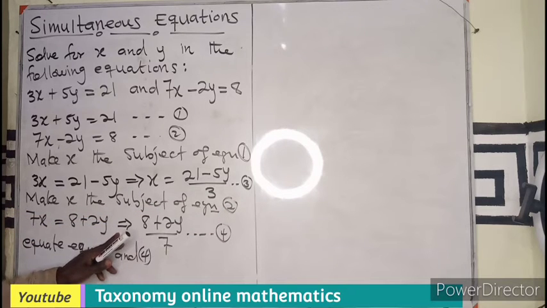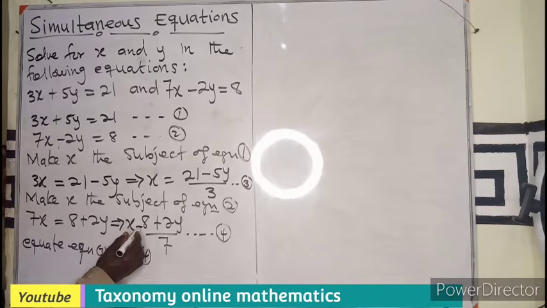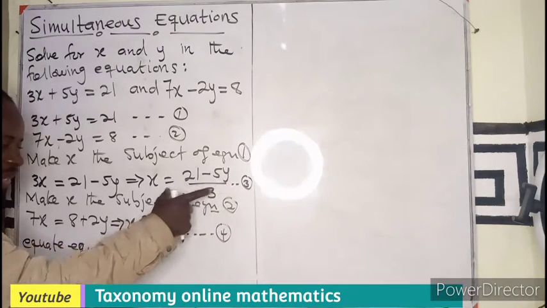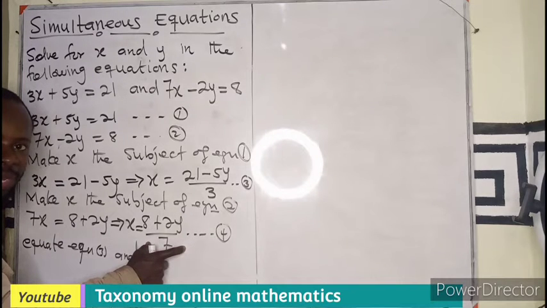Don't forget, you are saying x is equal to this. The same x is the same x that is equal to the expression we are having here. That simply means that this expression is the same as this expression.